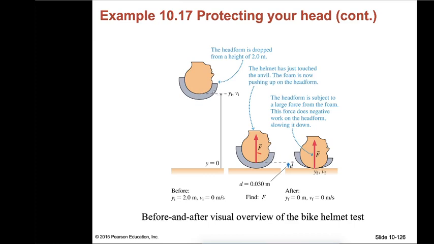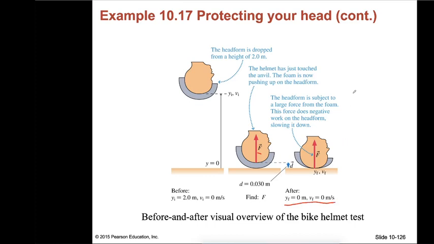At the beginning, it has high gravitational potential energy. At the end, it doesn't have this potential energy. So the potential energy has been changed, and also the initial kinetic energy has been changed, because at the end it doesn't have any mechanical energy, any potential energy or kinetic energy.